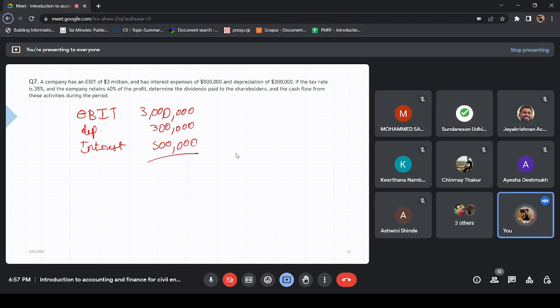See, earnings before interest and taxes. Now there is some depreciation also, and some interest also you have paid. So will it reduce your taxable income?